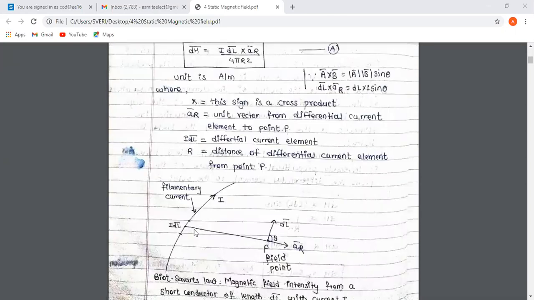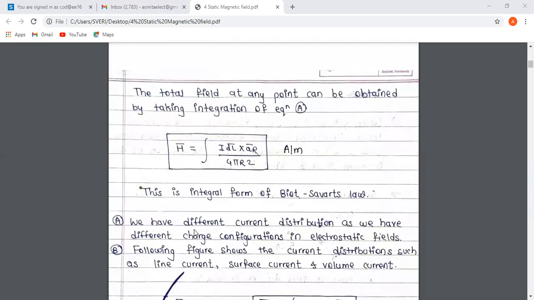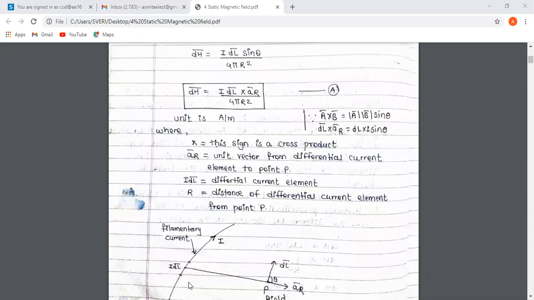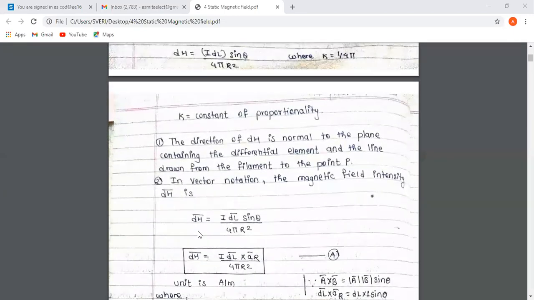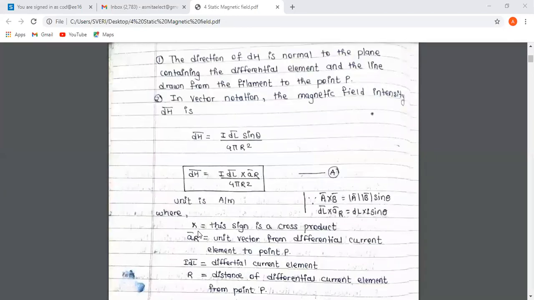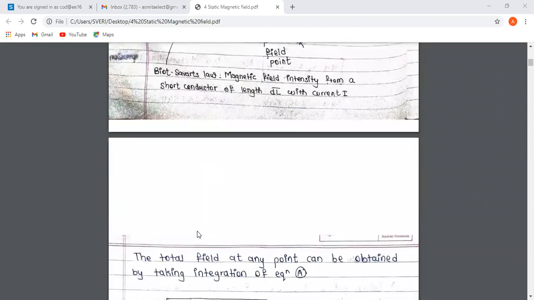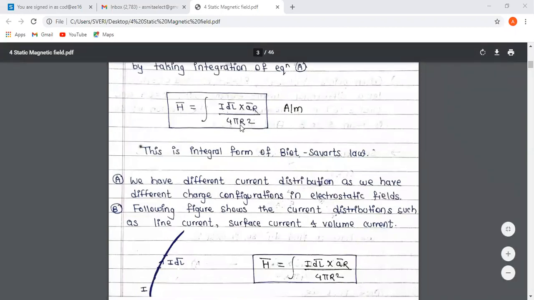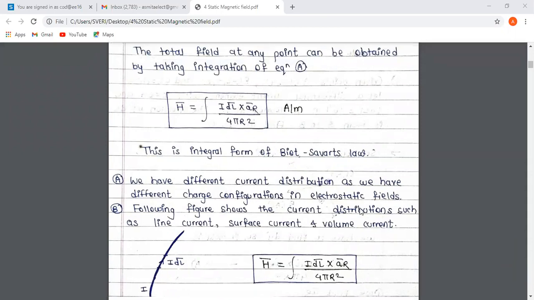Now, this is given for differential length dl bar, meaning for a small section we have considered. Now for the whole filament we can write the Biot-Savart law in general form as h bar is equal to the integration of I into dl bar cross a bar r upon 4 pi r square. So this is the integral form of Biot-Savart law.